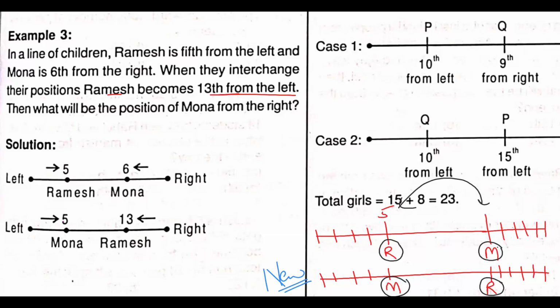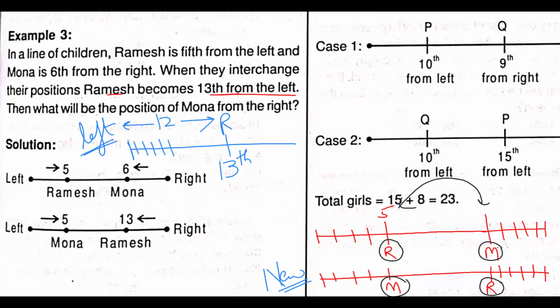8. Not 8. See, if this is a row, and we are saying that this is Ramesh, who is 13th from the left end. This is the left end. Okay, so if Ramesh is 13th, when will Ramesh be 13th? When there will be 12 students, 1, 2, 3, 4, 5, 6, and so on. When there will be 12 people to the left of Ramesh, then only he'll be 13th, no?